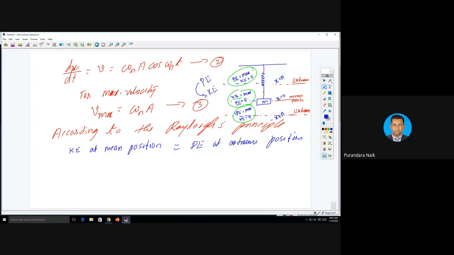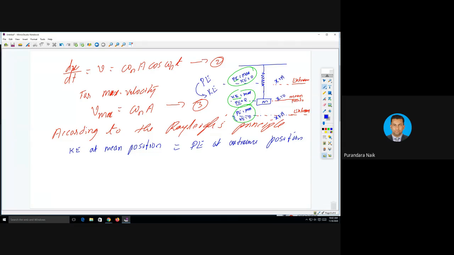Similarly at the extreme, all the kinetic energy is converted to potential energy and it becomes maximum. That is the implication of Rayleigh's principle: kinetic energy at mean position is equal to potential energy at extreme position.